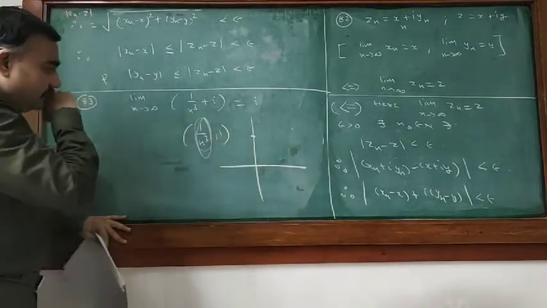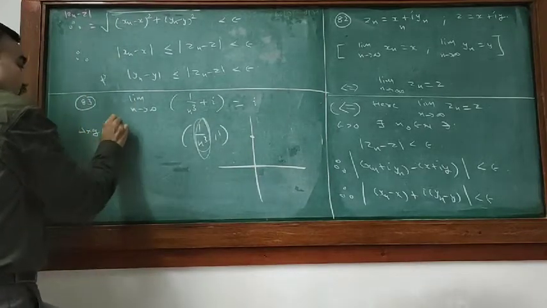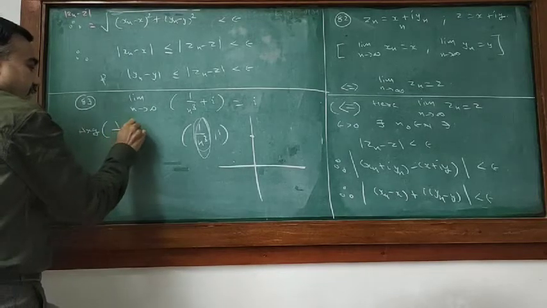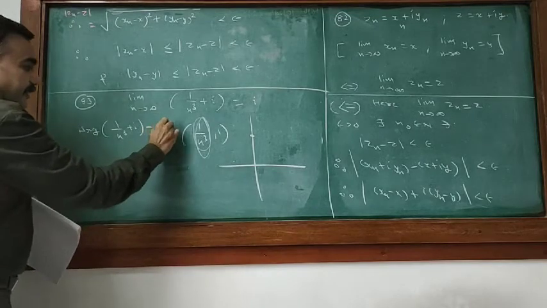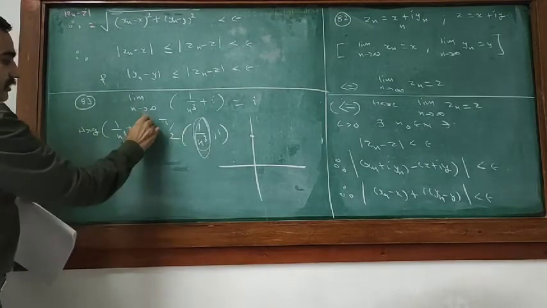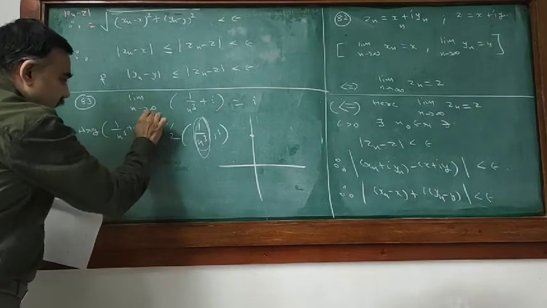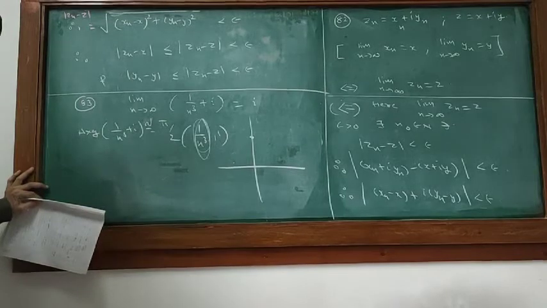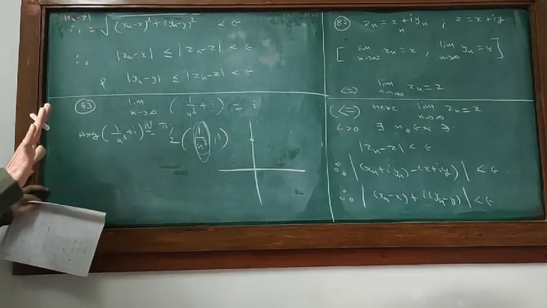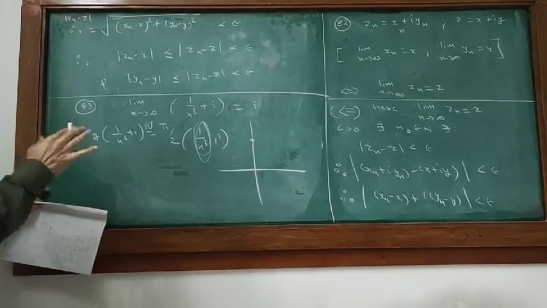So what is the argument of 1/n cubed plus i? As n tends to infinity, it is approximately pi by 2. You understand? Try to open your mind, you will understand what I want to say.